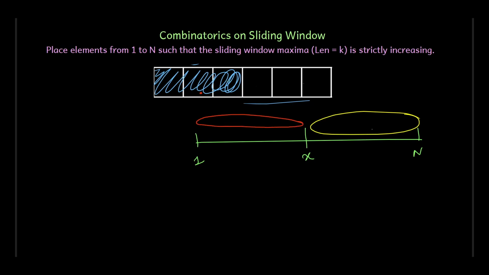Actually, since we are saying that the maxima for the left region is x, the right region has to start at x plus 1. So whatever formula I showed you on my screen was maybe not correct. It should have been N minus x plus 1, but anyway, that doesn't matter.